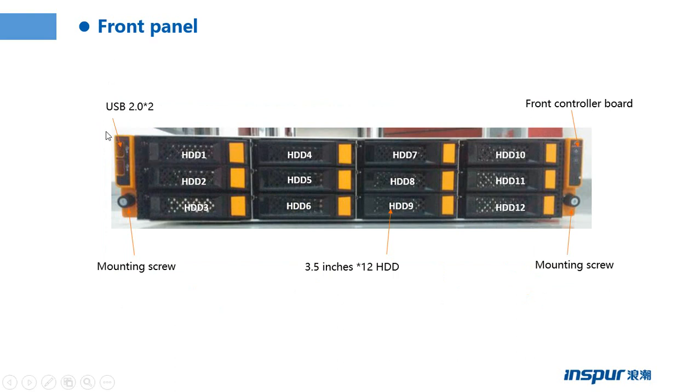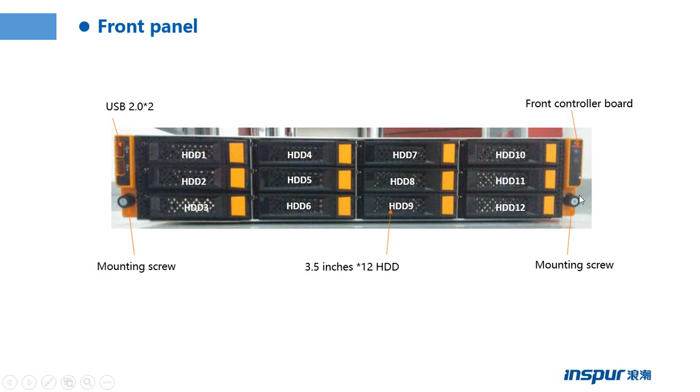From this picture, we can see the two USB ports and the mounting screw. When the engineers mount the server on the cabinet, we need to lock the mounting screws.